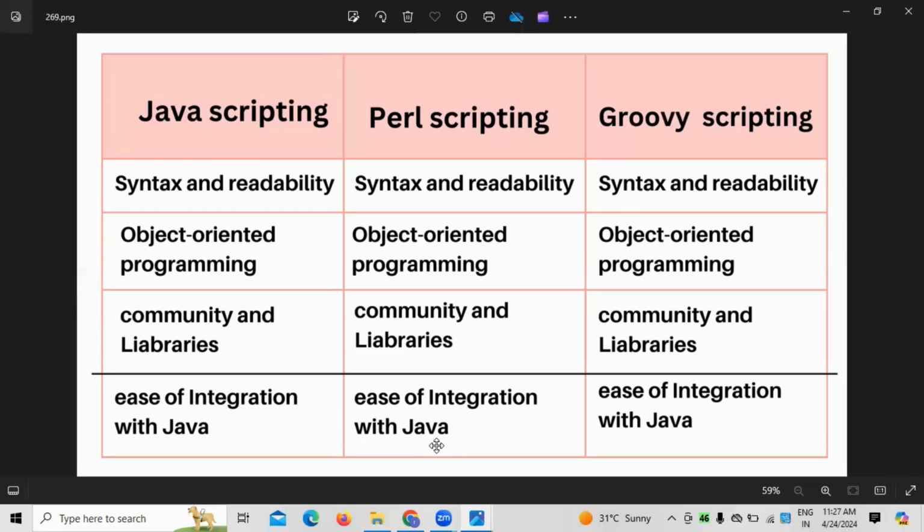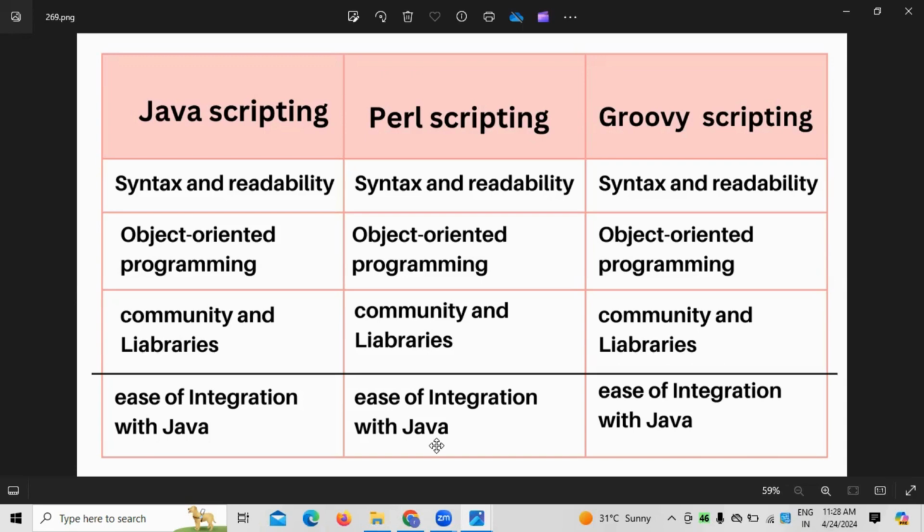If there are any complex applications we want to develop, this is what we normally use. This is the difference among Java scripting, Perl and Groovy scripting, from the context of syntax and readability.